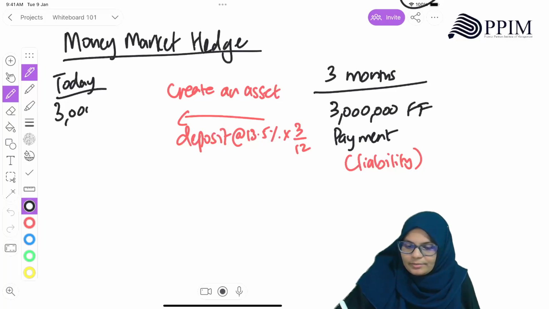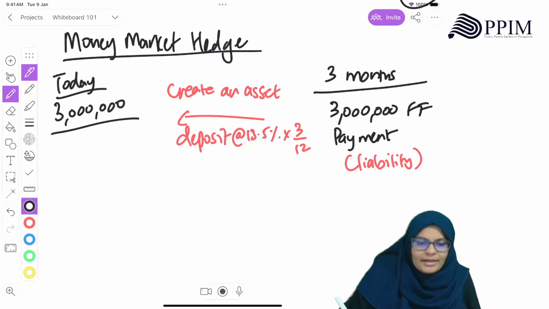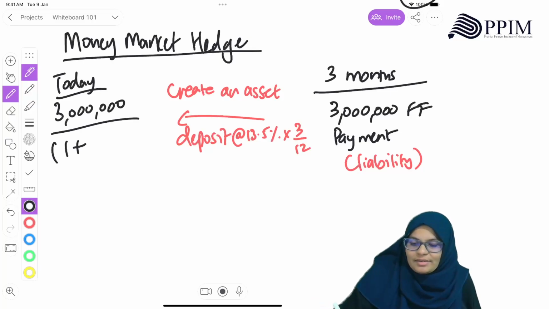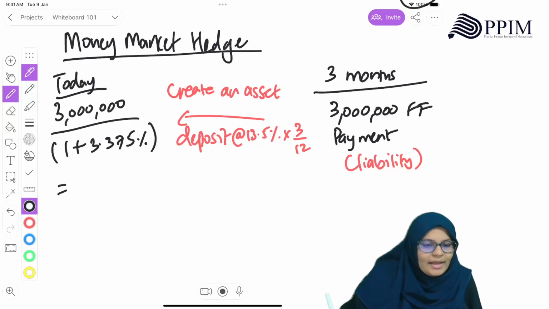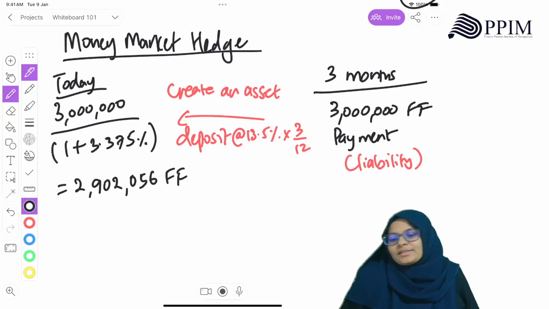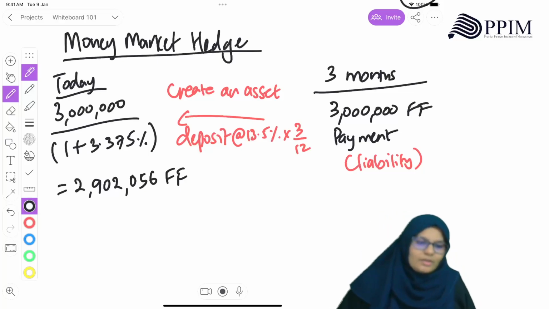So 3 million divided by 1 plus 13.5% times 3 over 12, which is 3.375%. Okay. So today I will go ahead and deposit 2,902,056 Flyland francs. Yes, that's today.